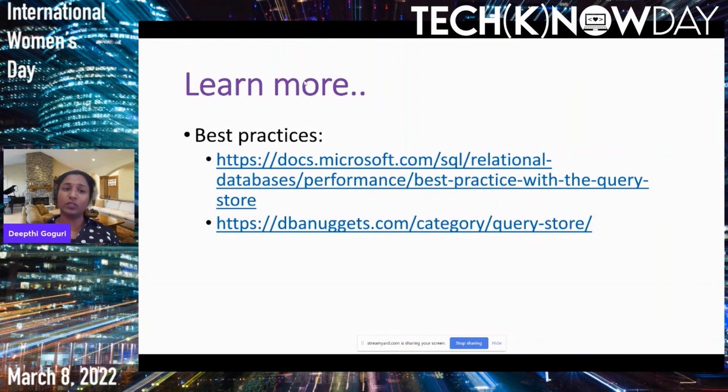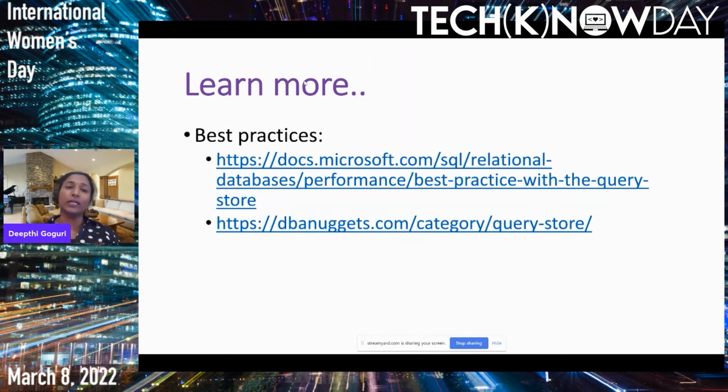And about the best practices for the query store: before even enabling, know what each of the options are, and for your workload what options are best to be enabled and how much you have to enable, for example the size, based upon your database and workload.